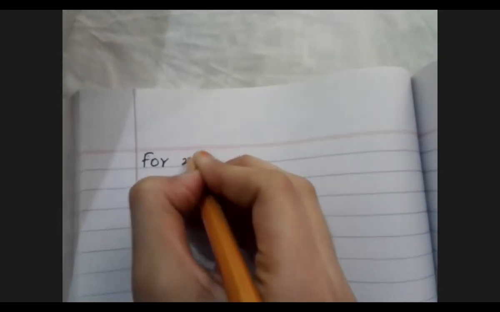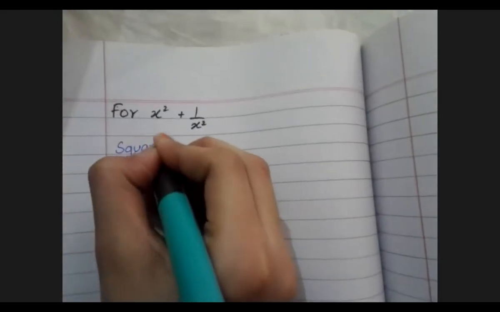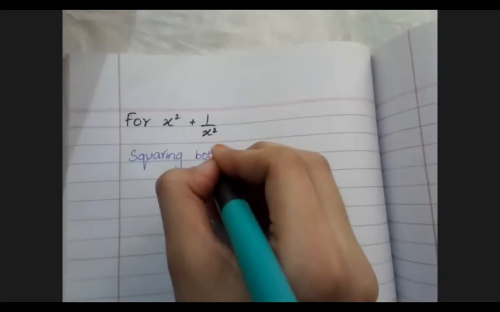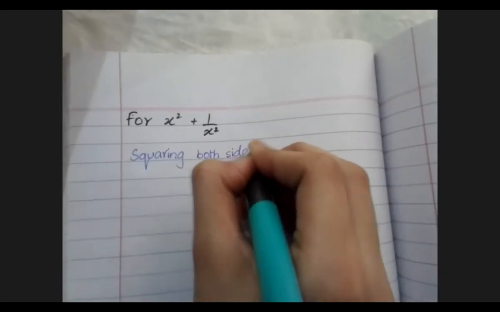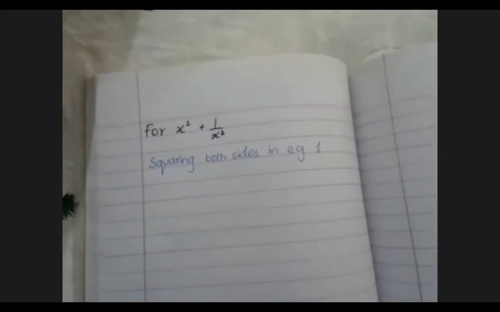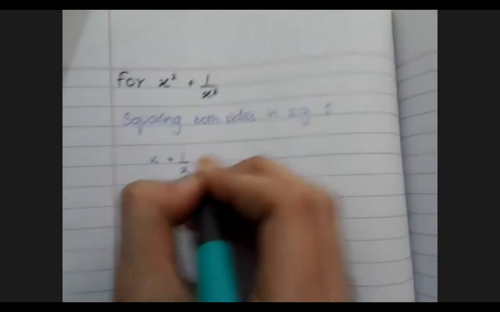For x square plus 1 upon x square, time is running out. Please hurry up. Squaring both sides in equation 1, you will write here x plus 1 upon x whole square.